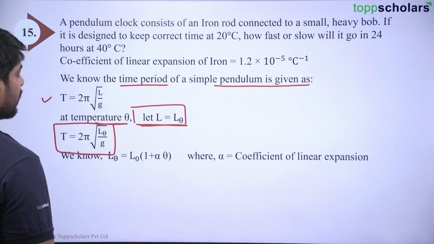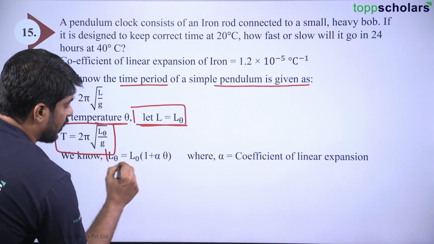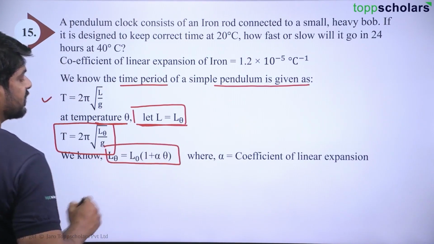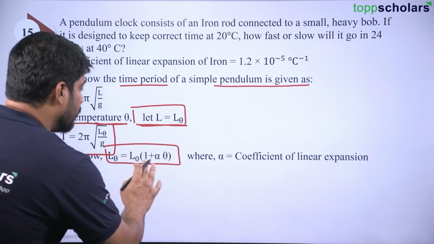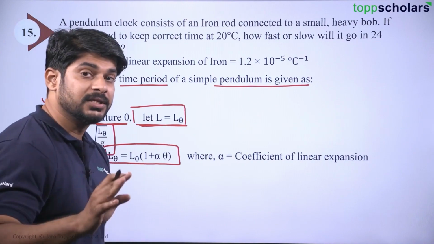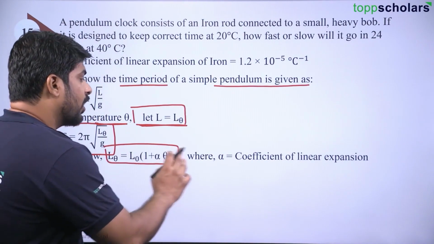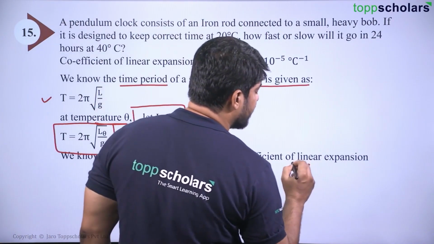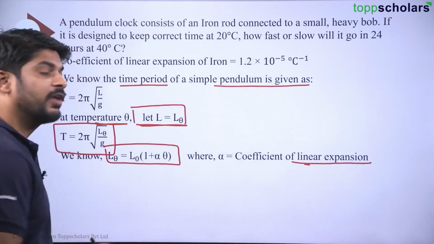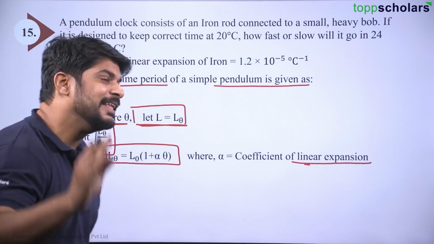But we know that L theta is equal to L naught in brackets 1 plus alpha into theta, where alpha is the coefficient of linear expansion.